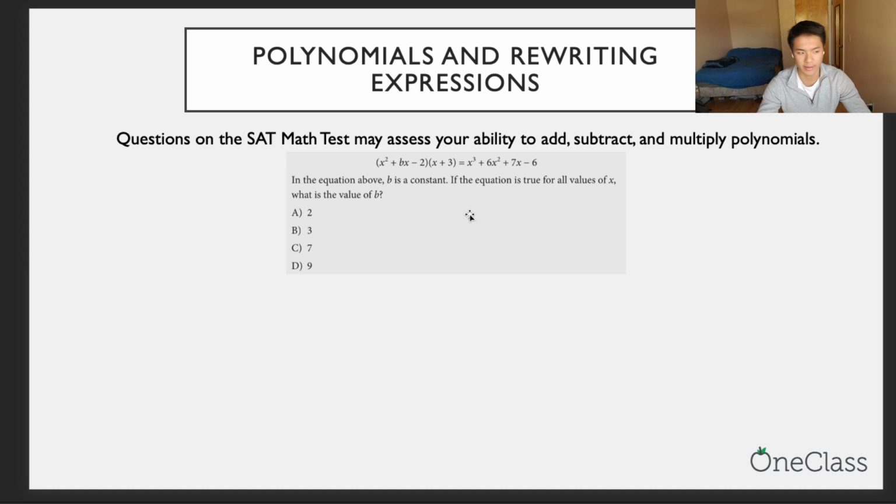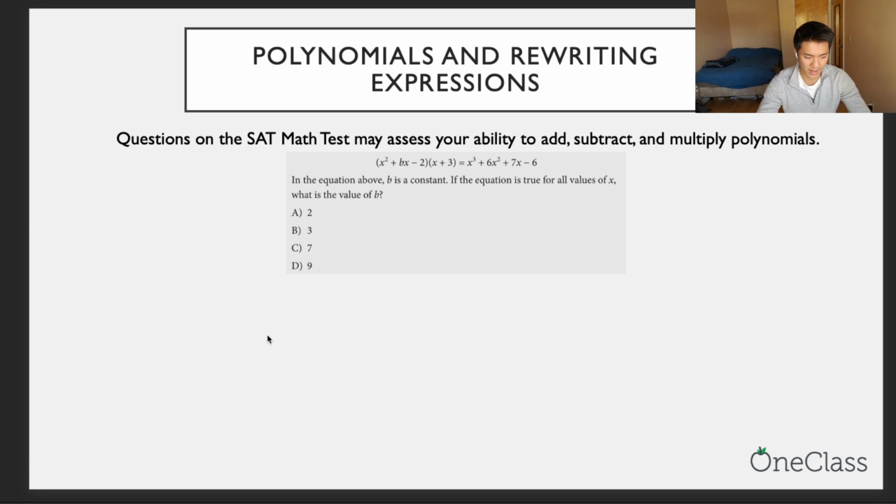For example, x squared plus x squared is 2x squared, x squared minus x squared is 0, that kind of stuff. This is going to be one of the most straightforward advanced math questions that you're going to be seeing on the SAT. Typically they'll just present you a straightforward equation and then ask you to either manipulate the equation in some way or solve for some unknown variable.